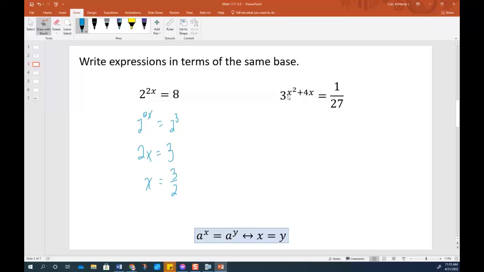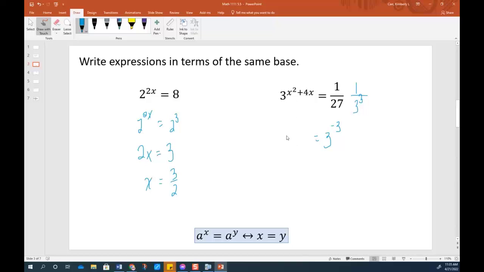Okay, now over here, the base of this exponent is 3. So if I'm going to rewrite them in terms of the same base, I can't change this one. So it's this one I have to change. And what I know is that 27 is 3 times 3, which is 9, times another 3. If this is 1 over 3 to the third, then 1/27 could just be written as 3 to the negative 3, because remember what we said about a negative exponent just means it's on the wrong side of the fraction bar.